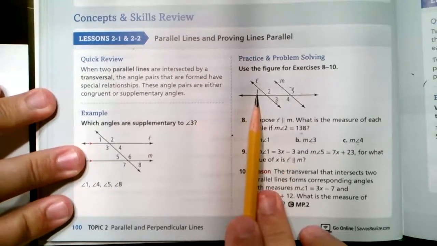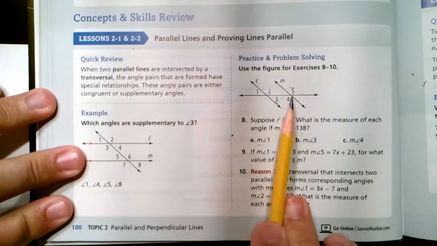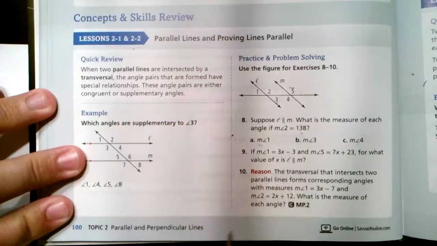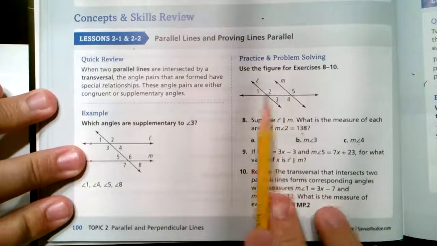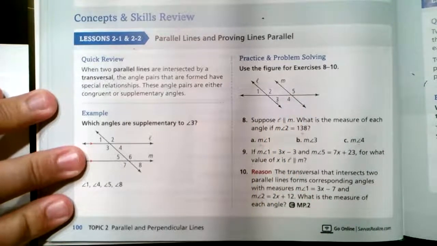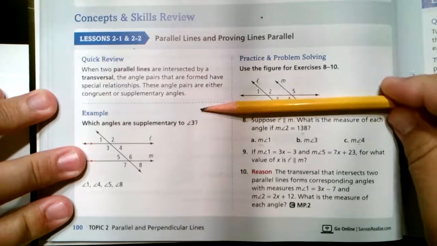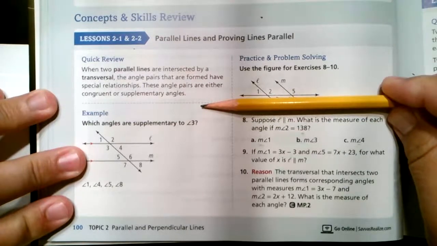Number 9, if the measure of angle 1 was 3x minus 3, and the measure of angle 5, which is right there, is 7x plus 23. What's the value of x? So the first thing we have to think of is what's the relationship between these two angles? It looks like they're same side exterior angles, right?